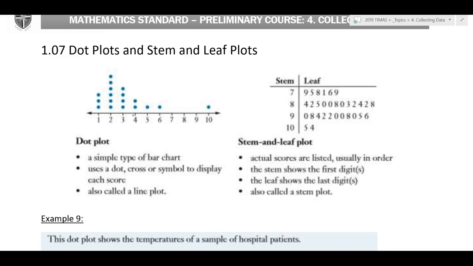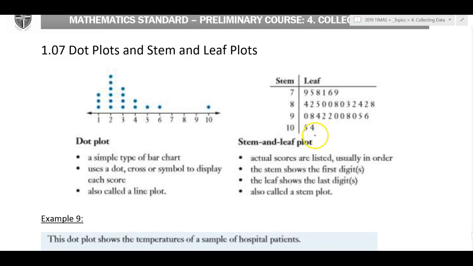There's a slight efficiency in that we put the first digit of a two-digit number in this column that is the stem. So what this little plot here is representing are the scores 79, 75, 78, 71, 76, and 79. 84, 82, 85, 80, 80, 88, and so on.